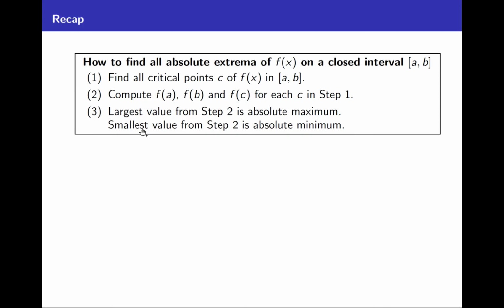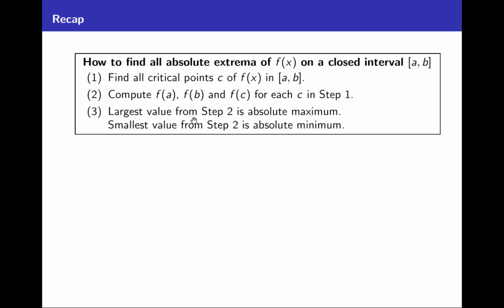That's it. Let's recap what we've learned today. We've found out how to find all absolute extrema of a function on a closed interval from a to b, and the procedure is this: find all the critical points c of f in that interval, then compute f of each of the endpoints, and also f of c for each c in step 1.